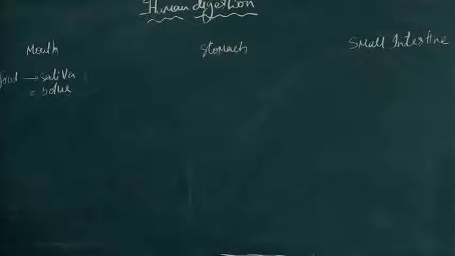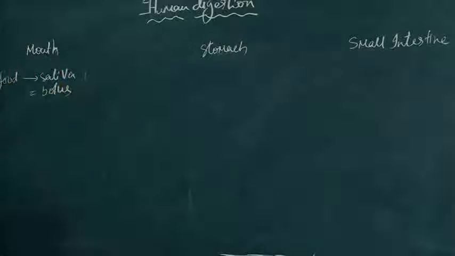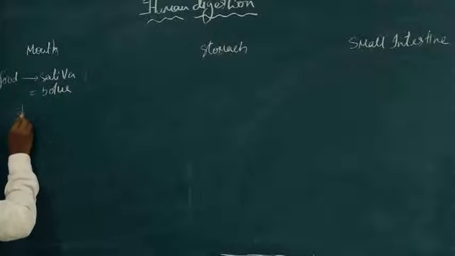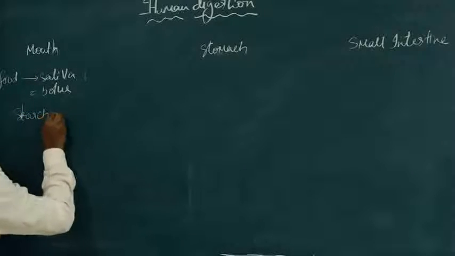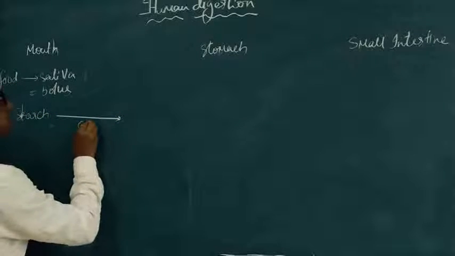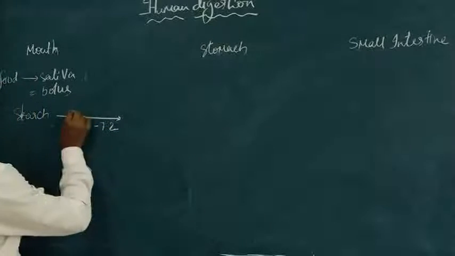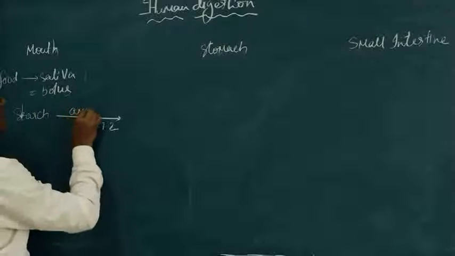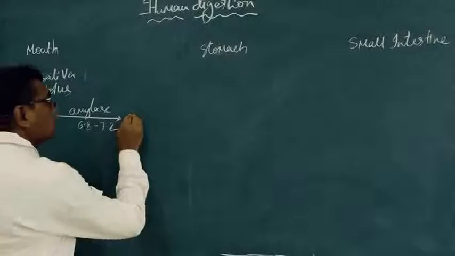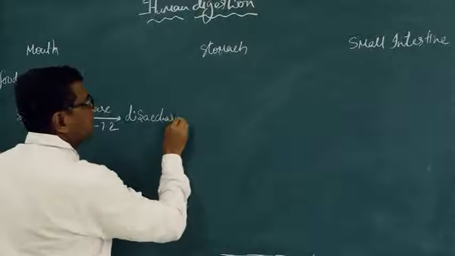Here the complex molecule called starch, the complex form of carbohydrates, is converted in the mouth at pH 6.8 to 7.2 with the help of an enzyme called amylase to disaccharides.